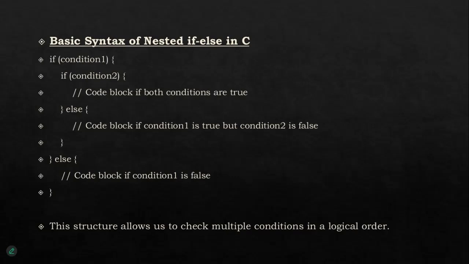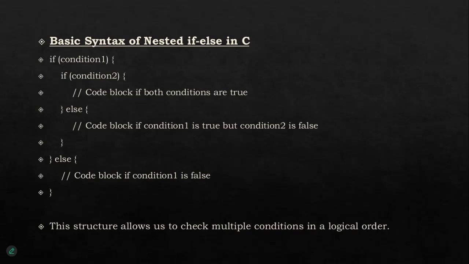Else, if condition 1 is true but condition 2 is false, then this nested else block will execute. After that, there is another else. It will execute when condition 1 is false. So this is the basic syntax of nested if else in C.